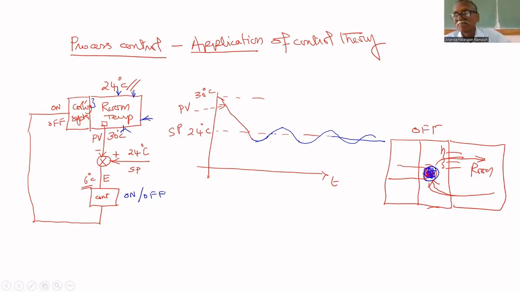Refrigerator, AC. Any other place? Only on, off. But whatever temperature we mention, it never reaches that. Maybe it is less than that or above. Accidentally, it may be equal.